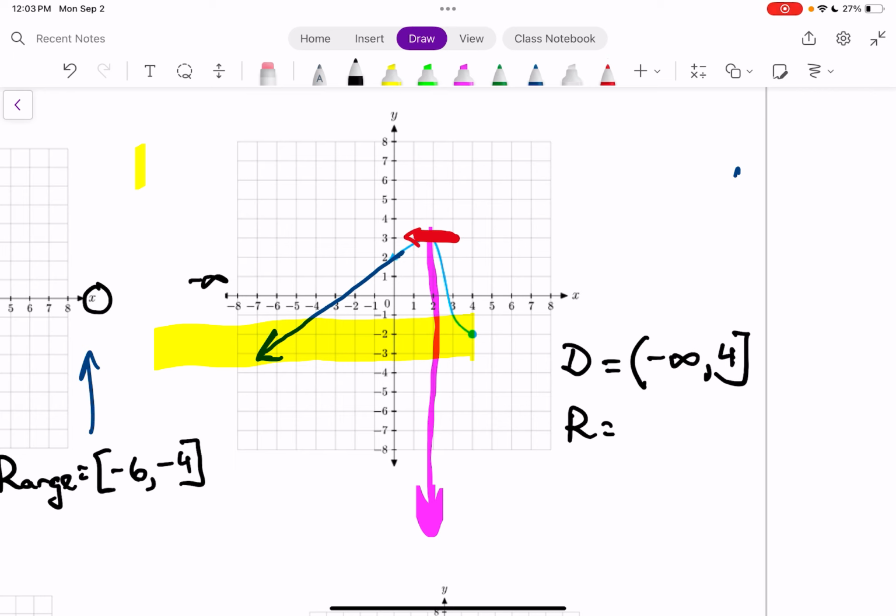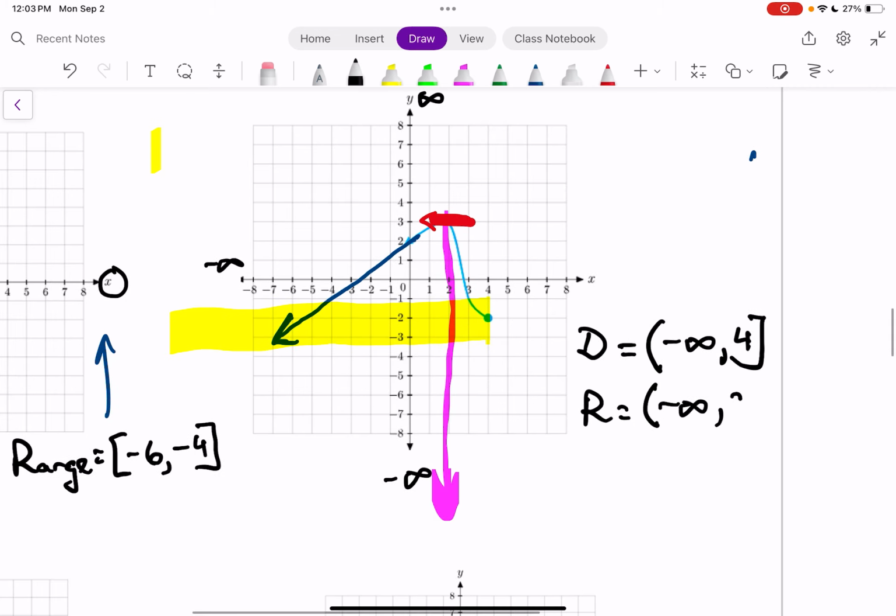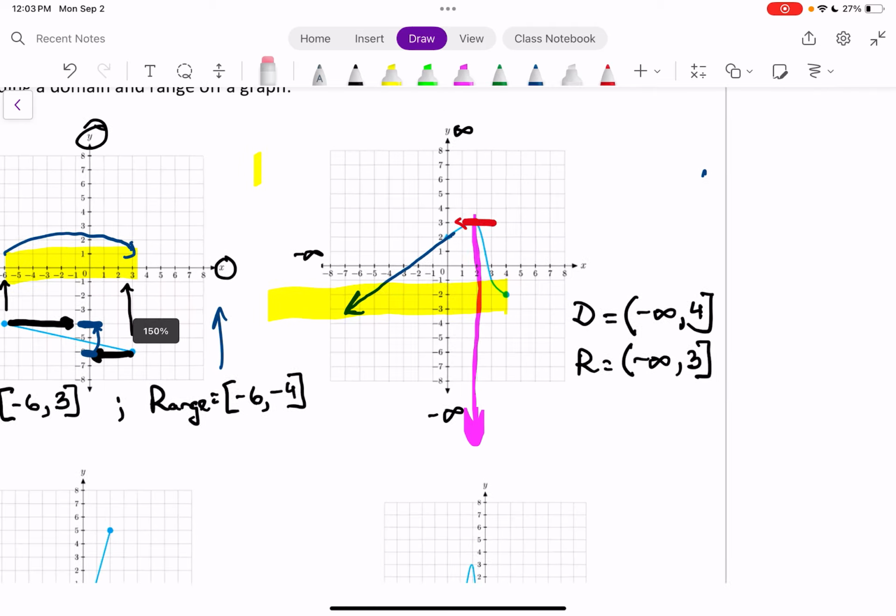So the range is all the way from negative infinity up to a highest point of 3. So that's the highest this graph is going to go. So there's nothing up here above 3, right, that you see graph on. And there's nothing to the right of 4. So it's no more than 4 on the x-axis and no more than 3 on the y-axis.